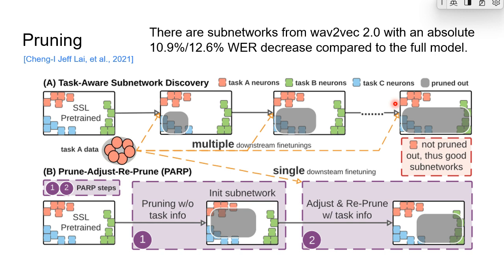Besides knowledge distillation, pruning is another very standard way to compress your network. In the paper Prune, Adjust, Reprune, PARP, the authors found that there are subnetworks in Wav2Vec 2.0 that can achieve an absolute 10 to 12% word error rate decrease compared with the full model.